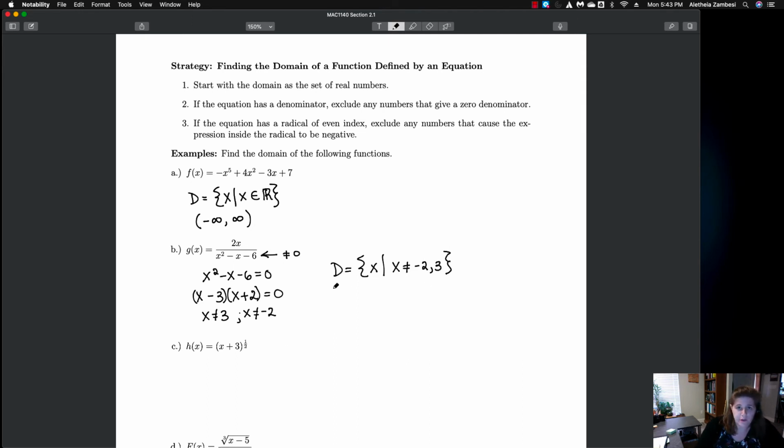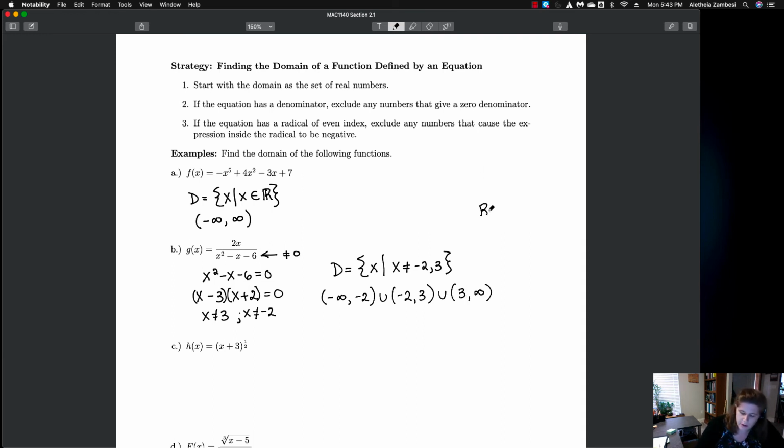If you're doing interval notation, then all values from -infinity to -2 are fine. I'm using a rounded parenthesis because I cannot include -2. And then the numbers between -2 and 3 are fine, and then from 3 to infinity.